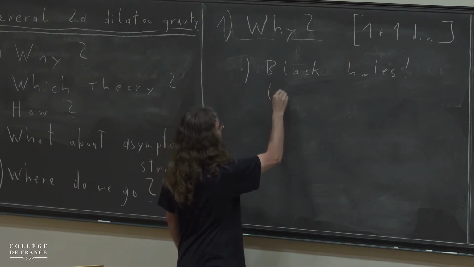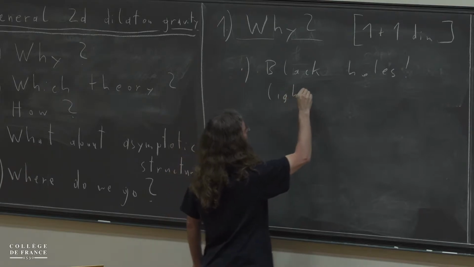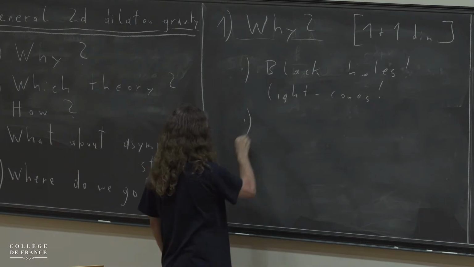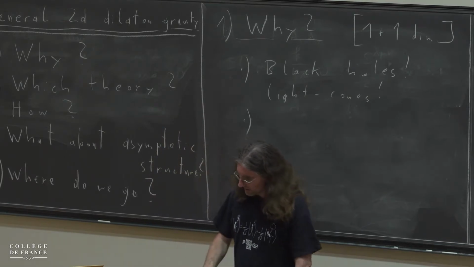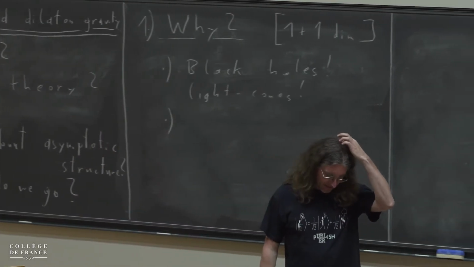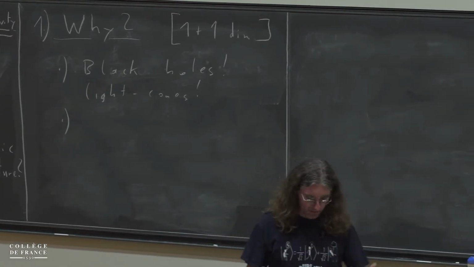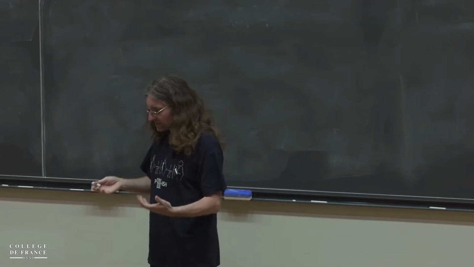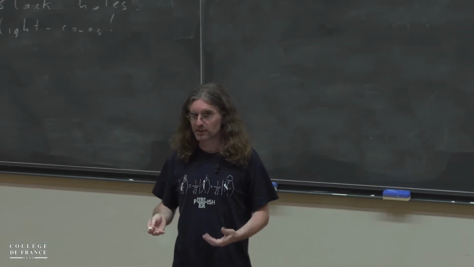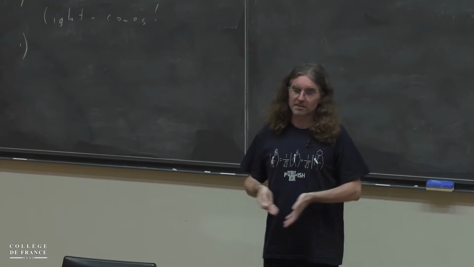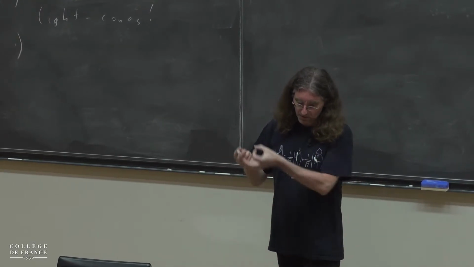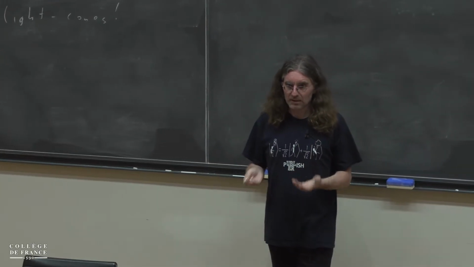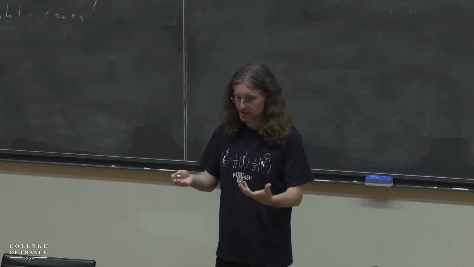So we have light cones in 1 + 1 dimensions. That's one motivation. The second motivation is that if we want to build a toy model of gravity, then it's nice if it reflects some generic features of gravity. And one of the features of gravity is that the gravitational force is described in terms of curvature of space-time. So we should make sure that our model still reflects that, so that there is actually curvature.